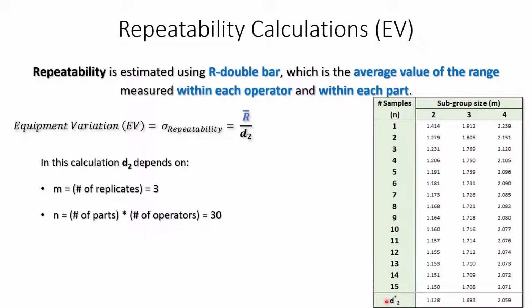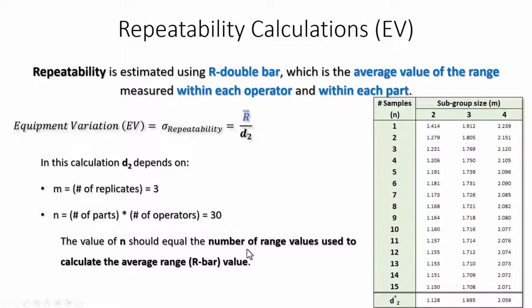And the N value here, which is this first row, is essentially the number of range values that we calculated our average from. So you make the calculation as the number of parts, which is 10, times the number of operators, and that comes out to 30. Remember, we averaged up 30 different range values to calculate R bar. So N is essentially that sample size.